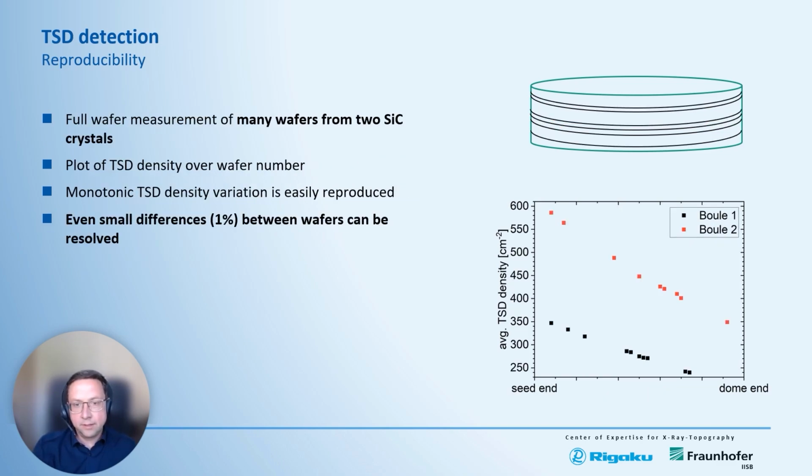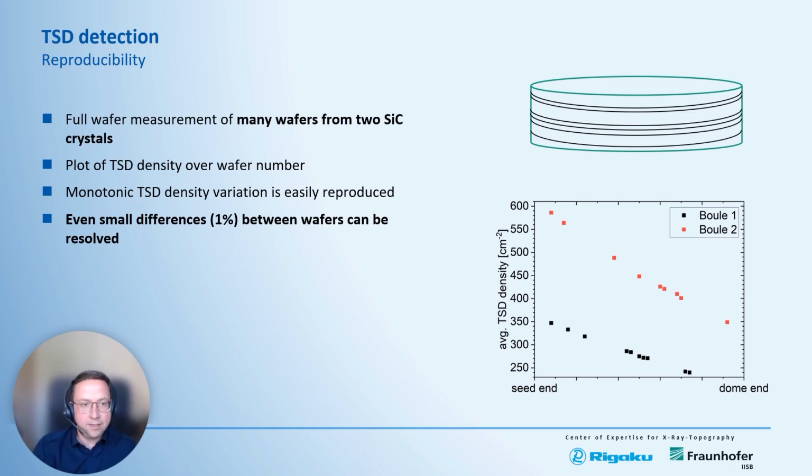Another example here is on the right-hand side, again a diagram which gives you the average TSD density on the wafer, again plotted versus the position from seed end to dome end for 2 different boules, where we picked a bunch of different wafers, not necessarily neighboring, and we measured only from the silicon side.